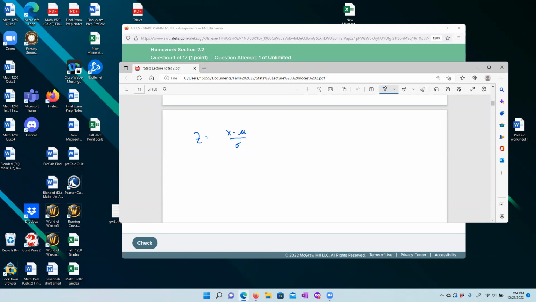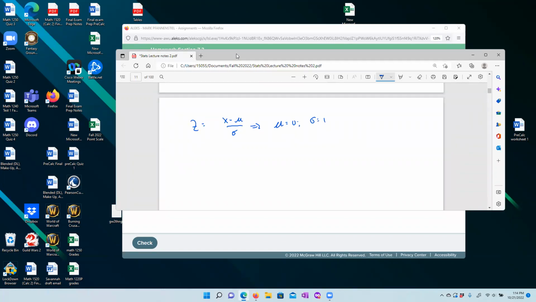This is going to transform the distribution into having a mean of 0 and a standard deviation of 1, because we're dividing by what the standard deviation actually is. So what if I wanted one standard deviation out?